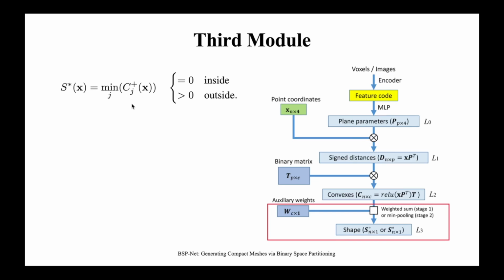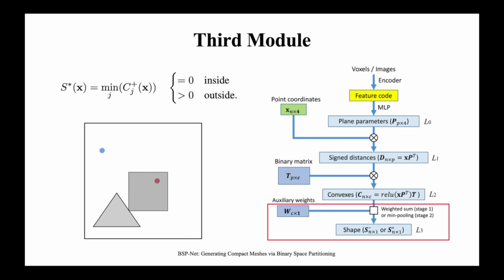If it's a positive value, then it's outside all the convex sets, which also means it's outside the final polygonal mesh. However, if the minimal distance is 0, then it means this point is at least inside one of the convex sets. Then it means it is inside the whole polygonal mesh. So the author still uses this 2D example to do the explanation.